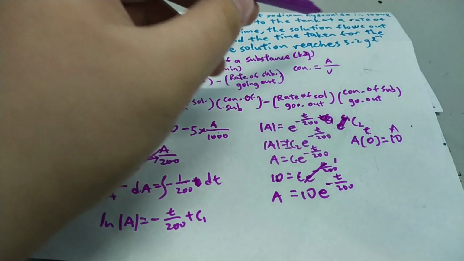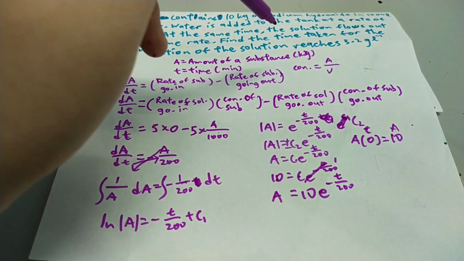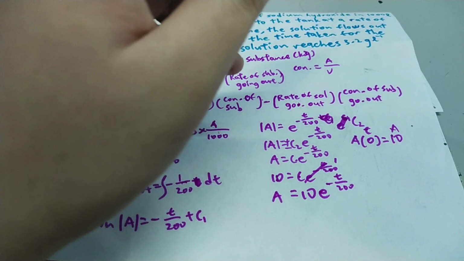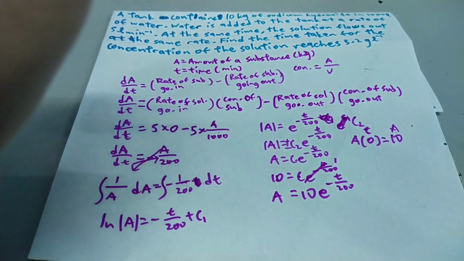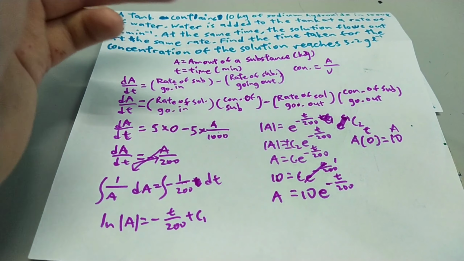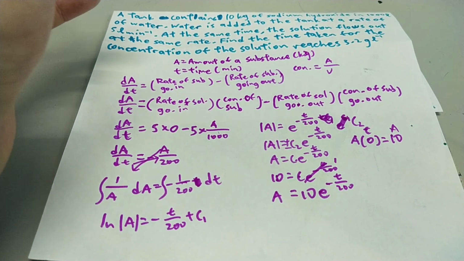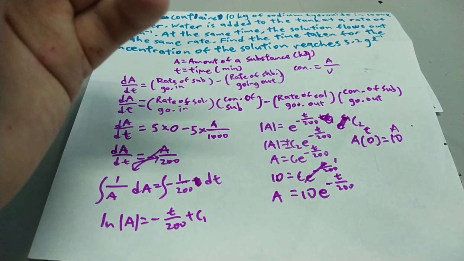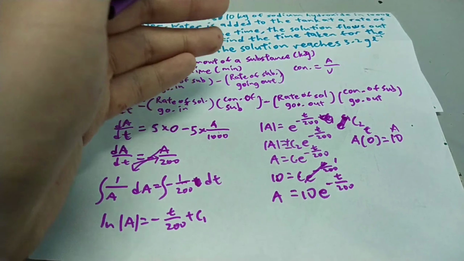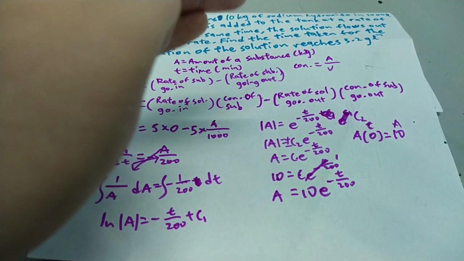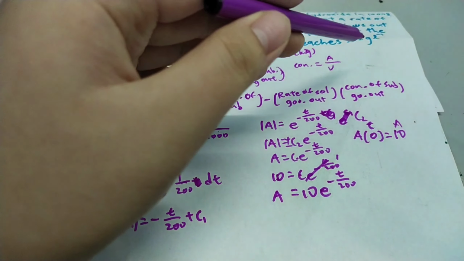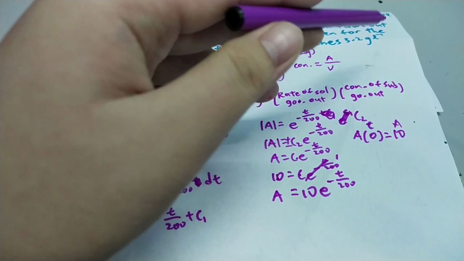Remember, find the time taken for the concentration of the solution until it reaches 3.2 gram per liter. And remember the concentration formula. It's equal to amount divided by volume, where the amount refers to the mass. So our strategy to solve this problem is we need to find the amount of sodium hydroxide when the concentration reaches 3.2 gram per liter.